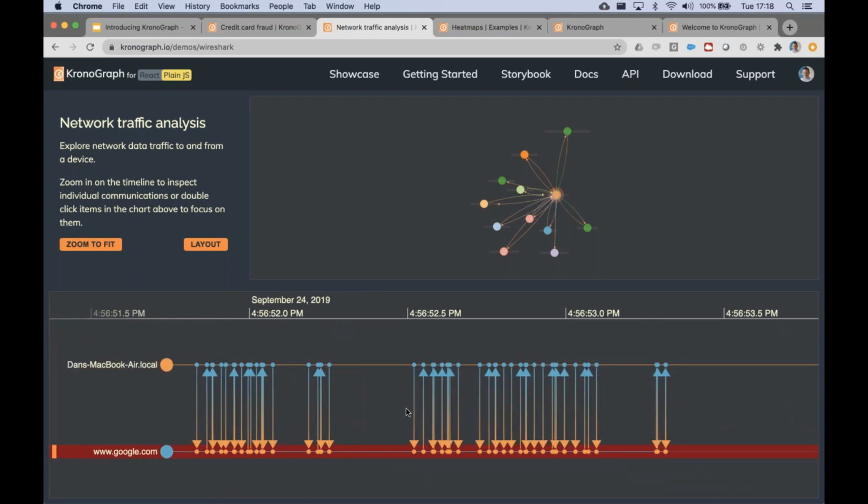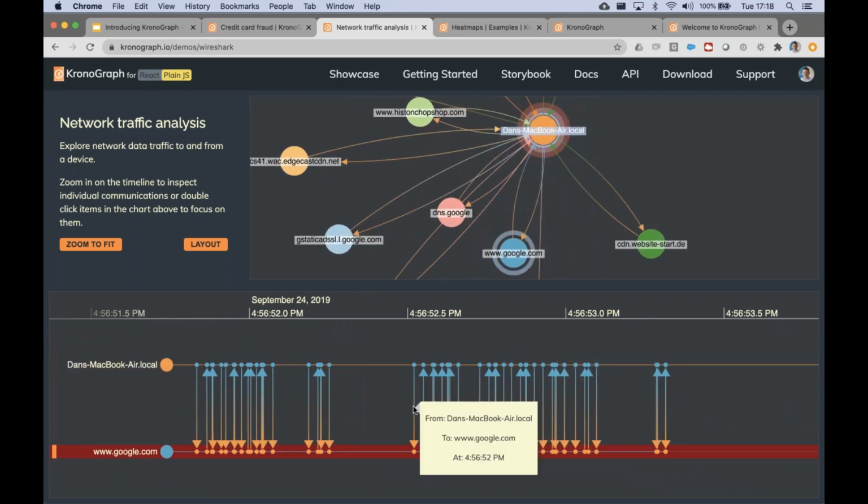Moving from one to the other and being able to interact between the chart and the timeline is a really powerful way of seeing two sides of the same data.